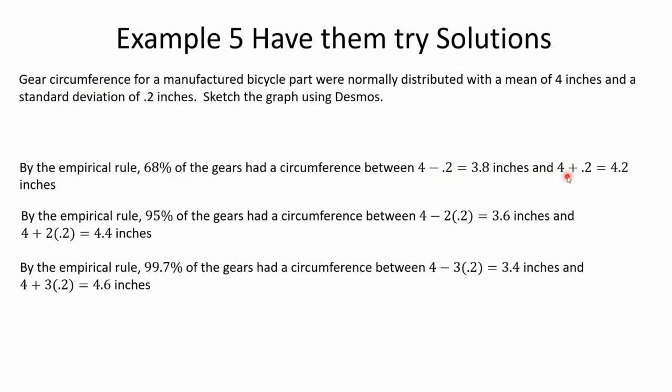The mean is 4. The standard deviation is 0.2. So 68% of the bicycle parts have gear circumference between 3.8 inches and 4.2 inches.